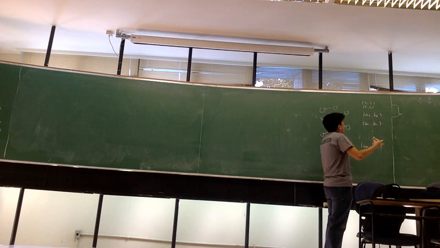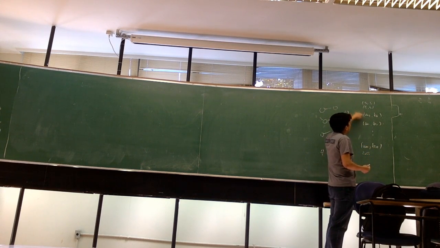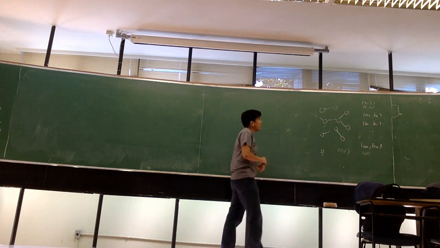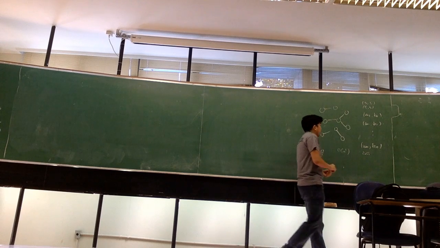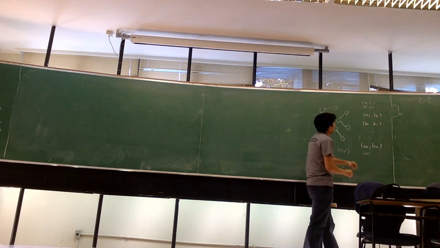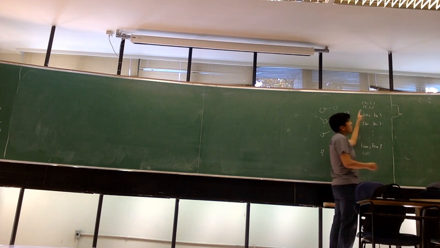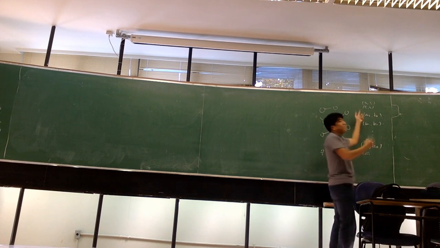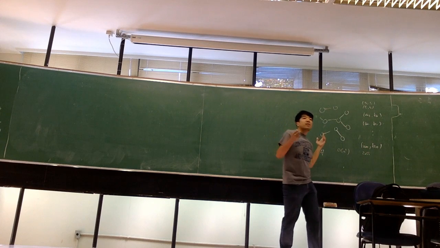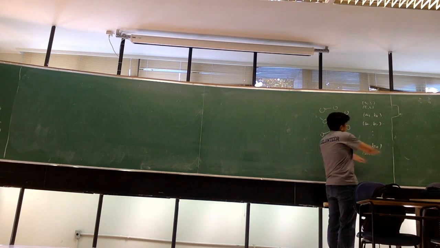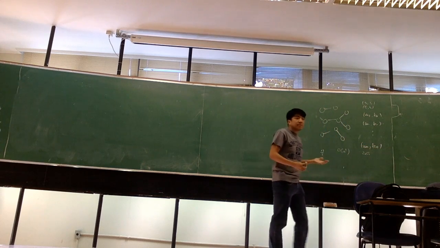And this difference is positive because I'm supposing that W0 is less than V0 for every i. So for each component, the difference between the number of black and white nodes is less than the number of nodes in this component. So if I sum all these differences, the sum cannot exceed n.